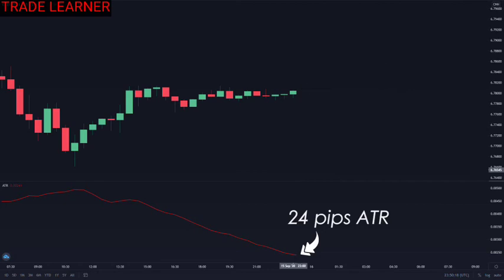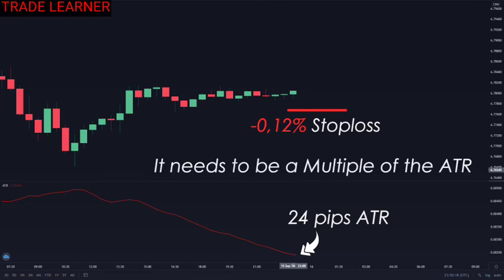In this case, 24 pips. But if you have a lower risk tolerance and think that 24 pips is too much and you want a tighter stop loss, you can divide that value by 2. So you can also put your stop loss at 12 pips. So it all depends on your risk tolerance, but it needs to always be a multiple of the ATR.